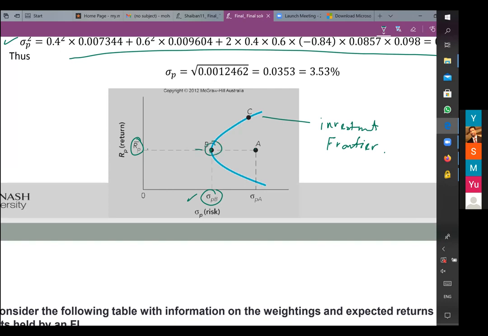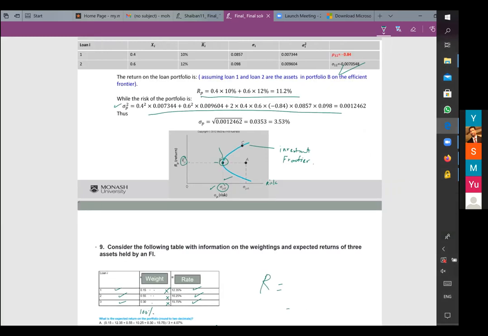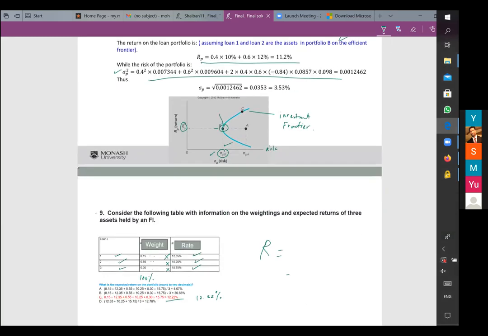This is the best portfolio structure for me. You have to start with the less. This is the risk, and this is the return. Take the less risk and match it with the high return, and this will be the best for you. You don't choose this one, you don't choose this one.